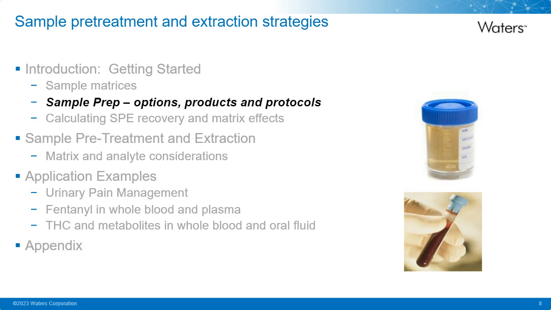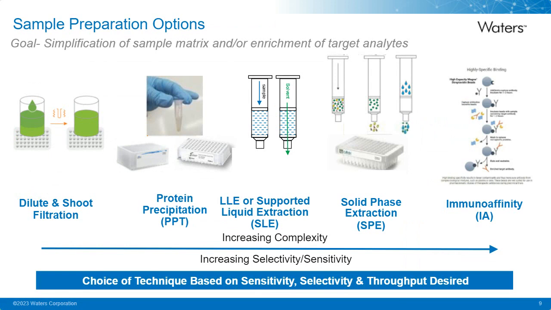Now I'd like to start talking about different options, products, and protocols for sample preparation. So with any sample prep strategy, really the goal is the simplification of the sample matrix, basically cleaning it up, isolating our target analytes, and often as well, enrichment of those target analytes, getting them in a higher concentration so we can see them.